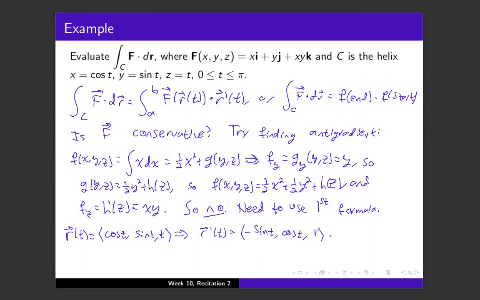And F of r of t is cosine t i plus sine t j plus cosine t sine t k.